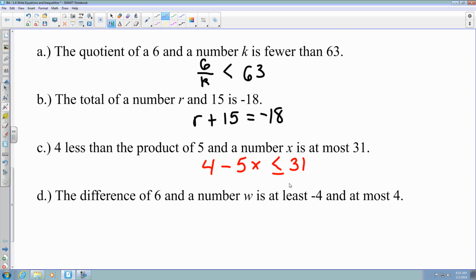It would be 6 minus W, okay? And it's telling you it's going to be at least negative 4. So I'm going to put negative 4 over here. And I know it's going to be at least. And at most, it's going to be 4. Because it can be negative 4, and it also can be 4, so it's in between those two. All right?